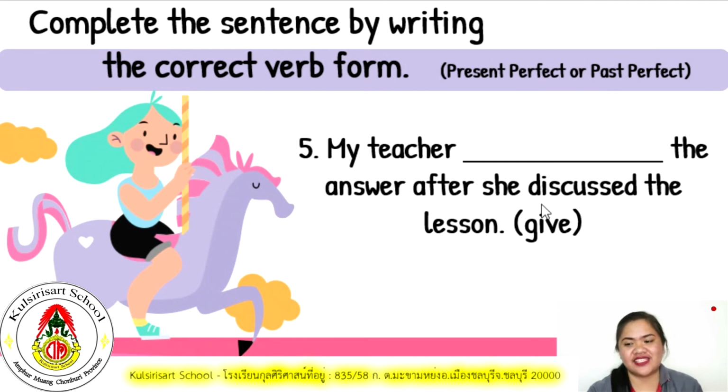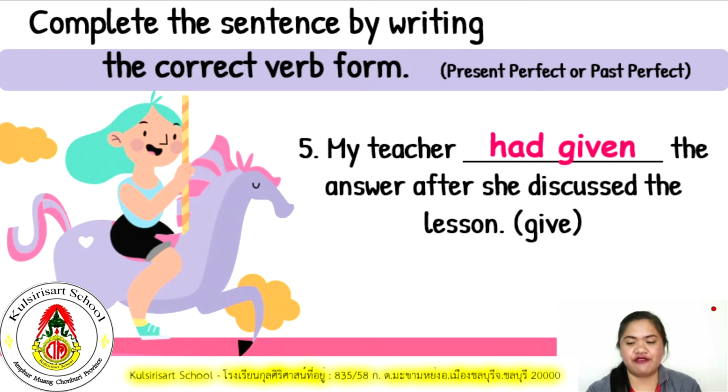And that means that our verb should be in the past perfect tense. That means we are going to use the helping verb had plus the past participle given. Past participle of give, given.